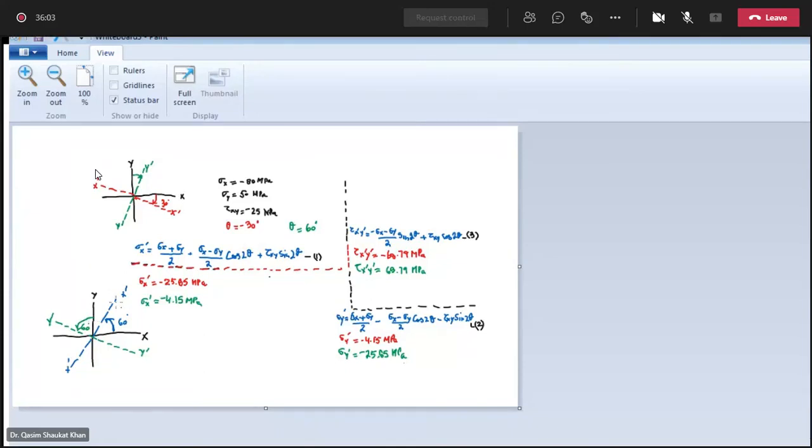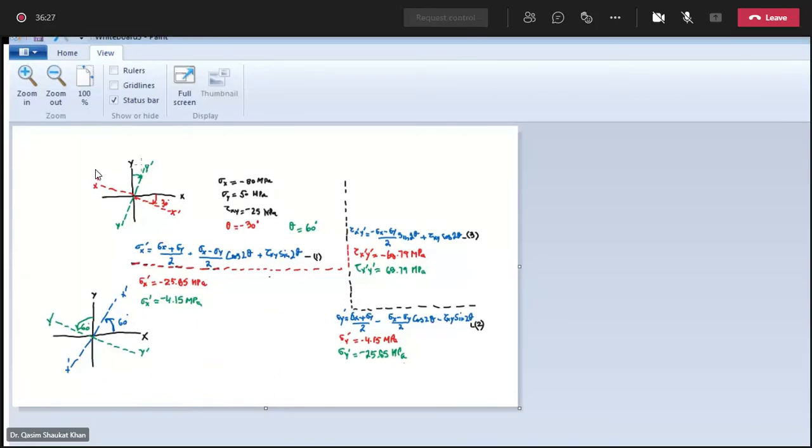Is this point clear, guys? Is this the point which I am trying to emphasize here, that over the same plane, like y dash axis and x dash axis, the normal stresses, their magnitudes are the same.